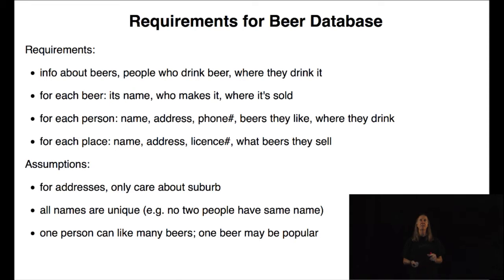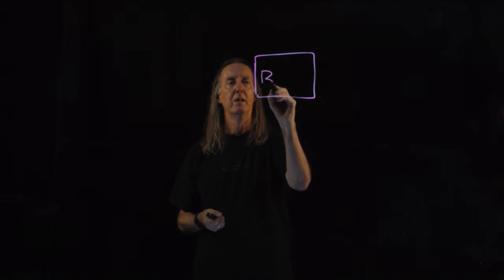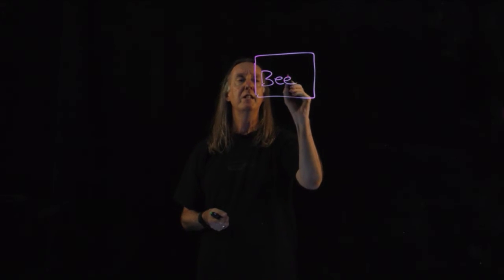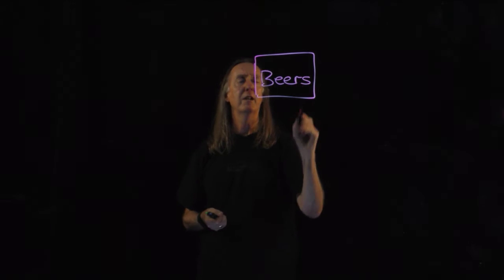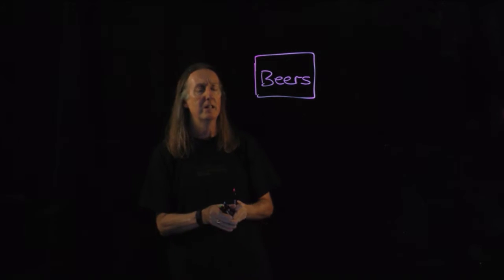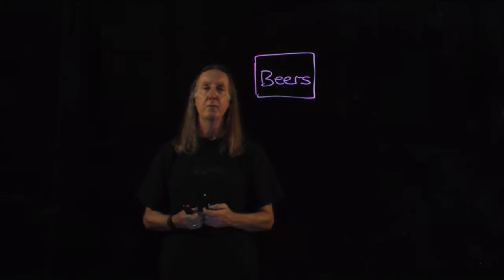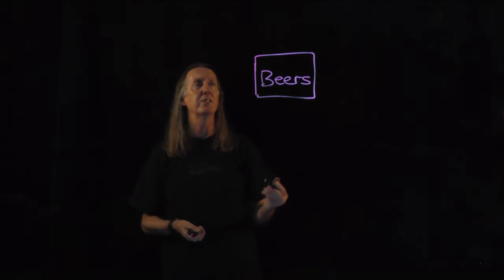Okay, so an obvious entity that we can talk about is beers. Now, entities, remember, are drawn in rectangles, and in this particular exercise I'll be drawing them in pink. And entities have a bunch of attributes associated with them which capture the properties of those entities.